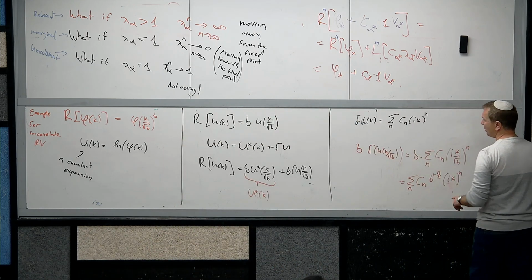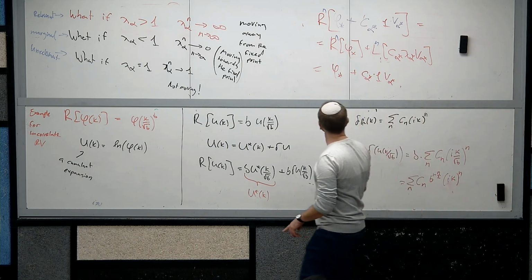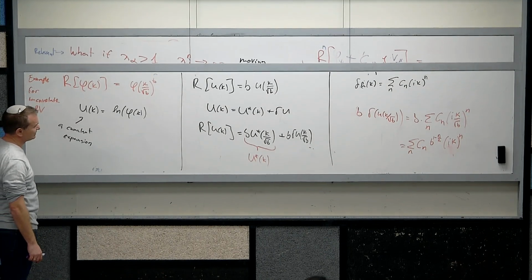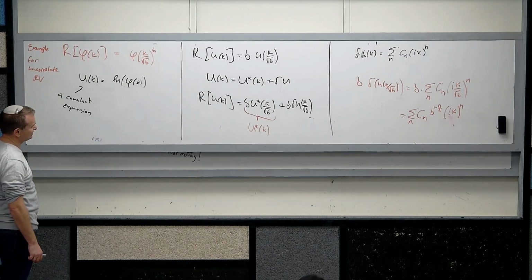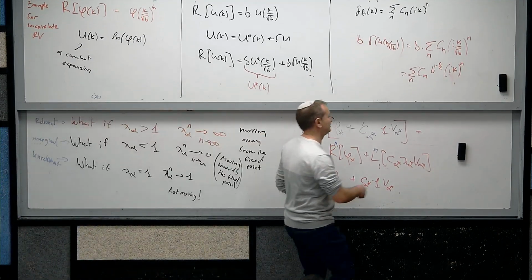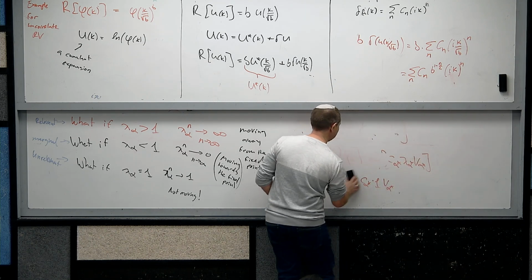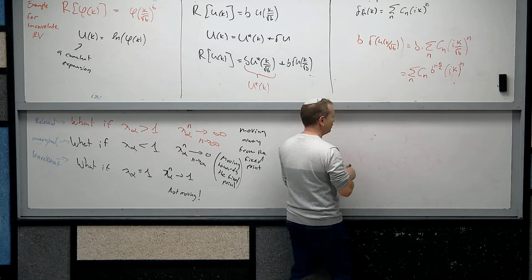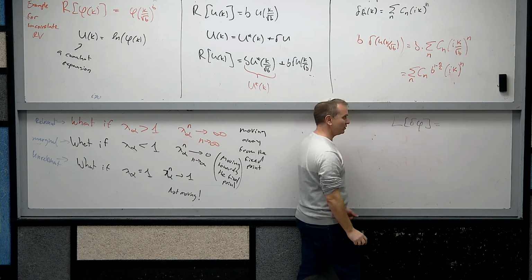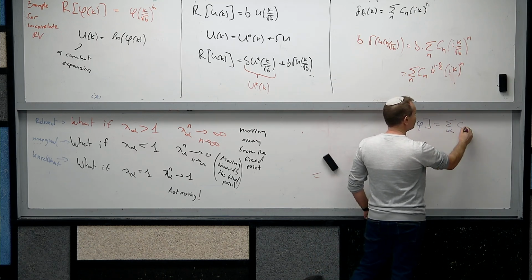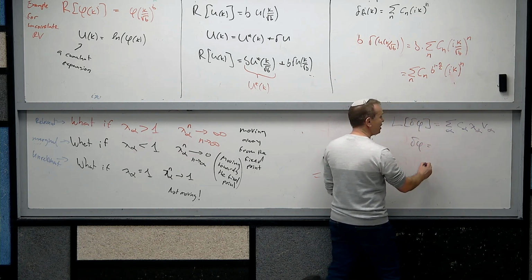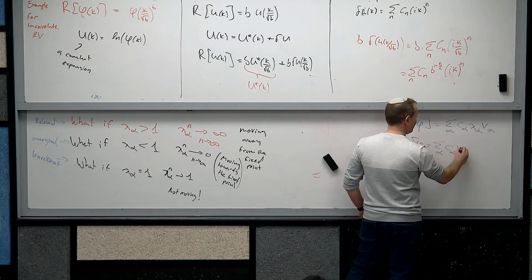Now, remember I told you that the application of L on delta phi will lead me to a summation over alpha of C of alpha, lambda alpha, V alpha, if delta phi equals a sum over alpha of C of alpha, V alpha.